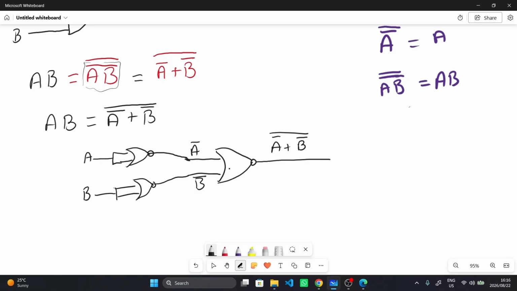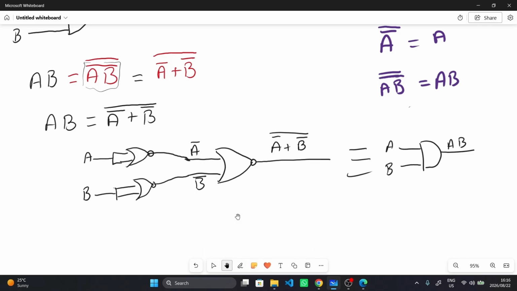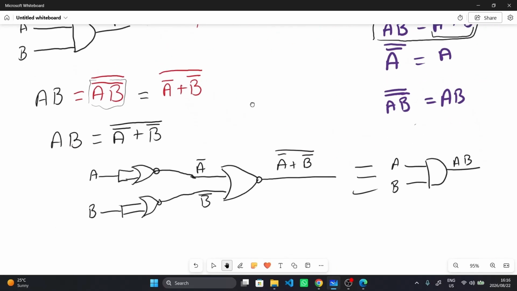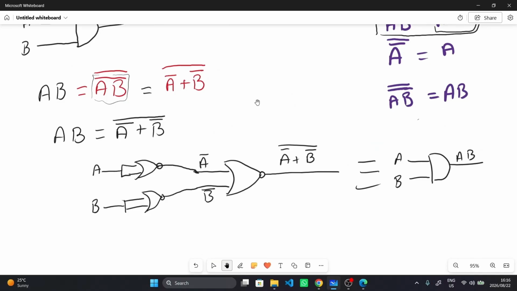Now we have drawn this diagram, which is same as having an AND gate. So this diagram is same as our AND gate, with inputs A and B. So this was three basic logic gates using NOR gate. And now, whenever they ask you to use NOR gate only, meaning you only use NOR gate to build a logic diagram, you can do that.